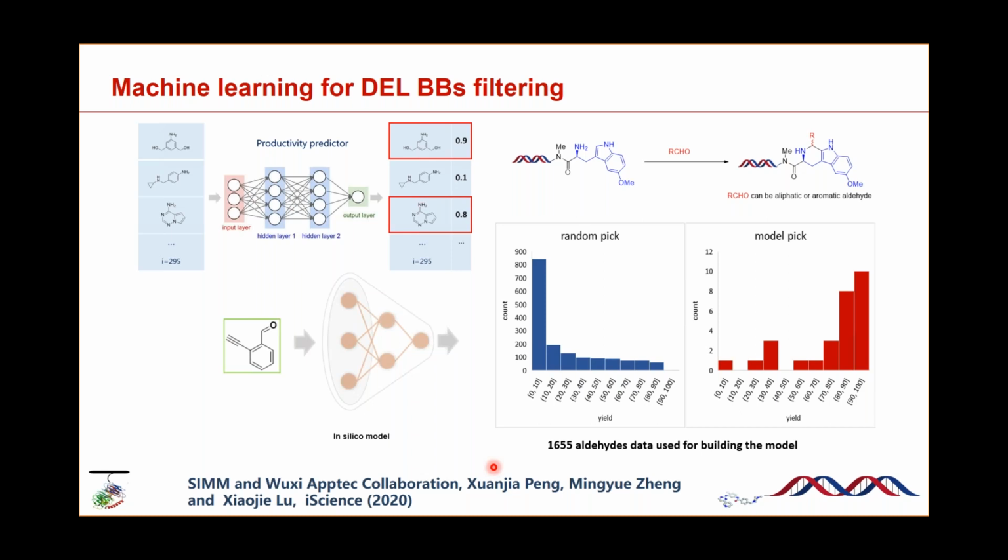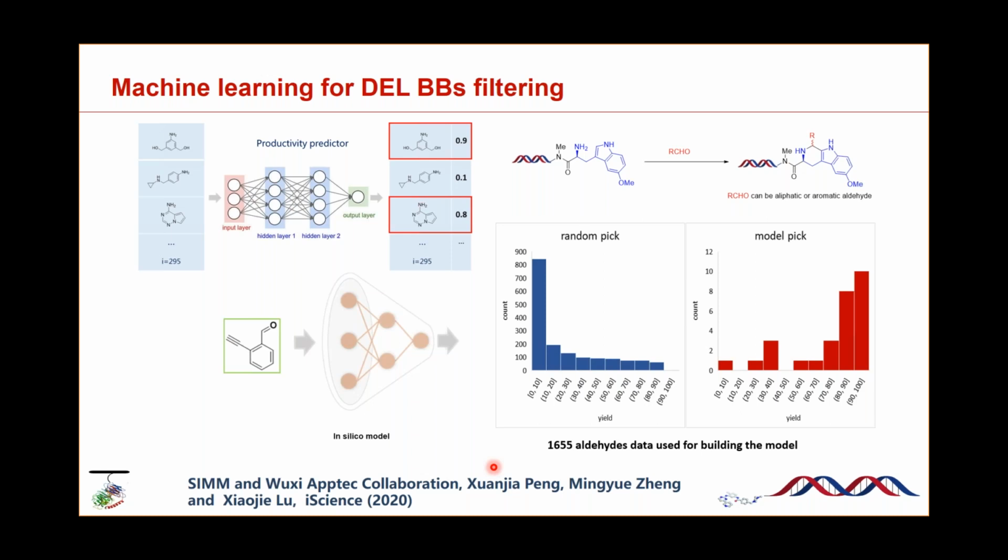To test this model, we bought building blocks in the market that were outside of the original test set, and we found that the model works quite well. If you just do random validation, you only have about a 20% passing rate, but using the model you could have close to 80%.